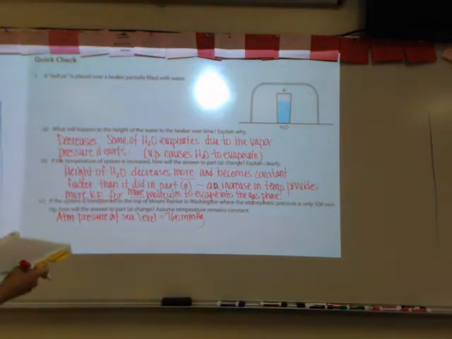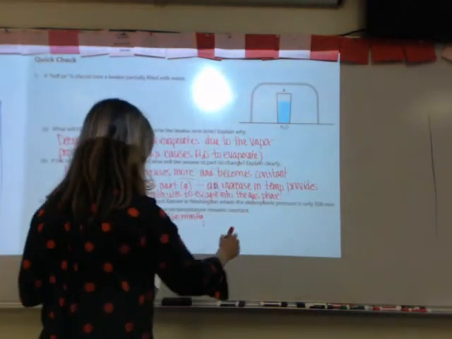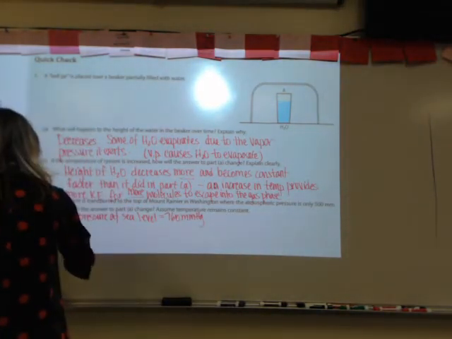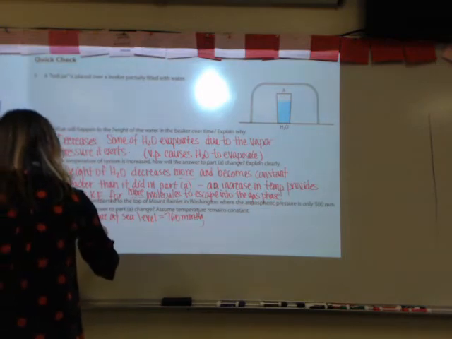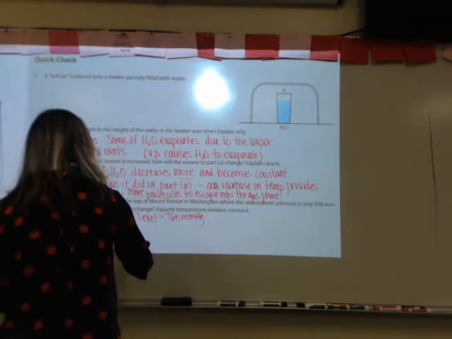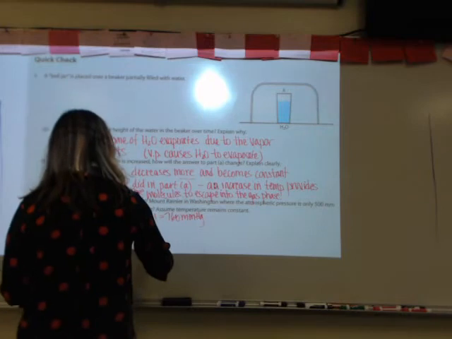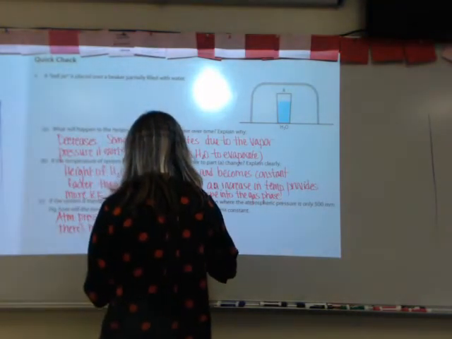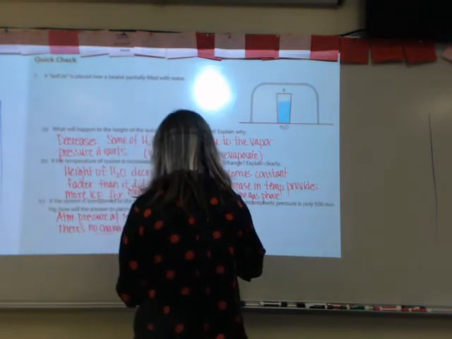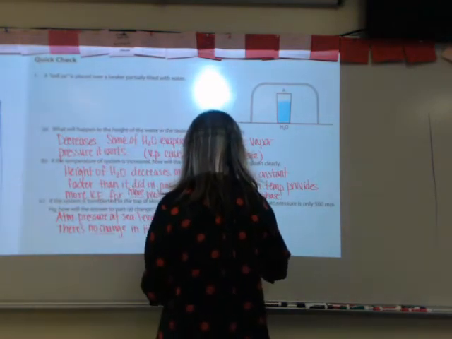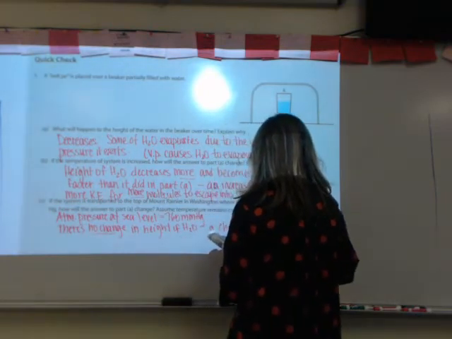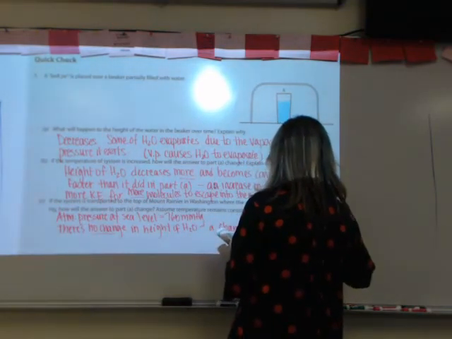So even though this is decreasing to 500 millimeters of mercury, there's no change in the height of water because a change in atmospheric pressure affects the boiling point, not vapor pressure.